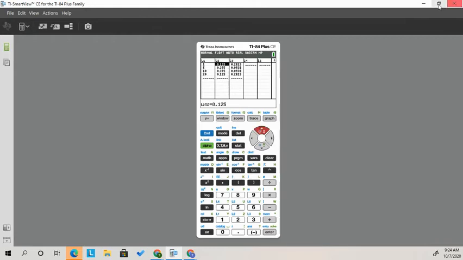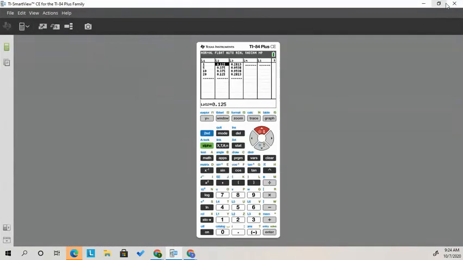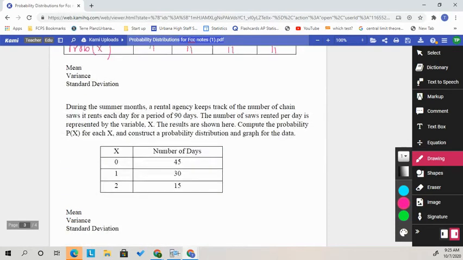It was 3, 2, 5, and 1. So it was 3 ones, so 3 divided by 11, 2 out of 11, 5 out of 11, and then 1 out of 11. Those are our probabilities. We just put this in list 2.